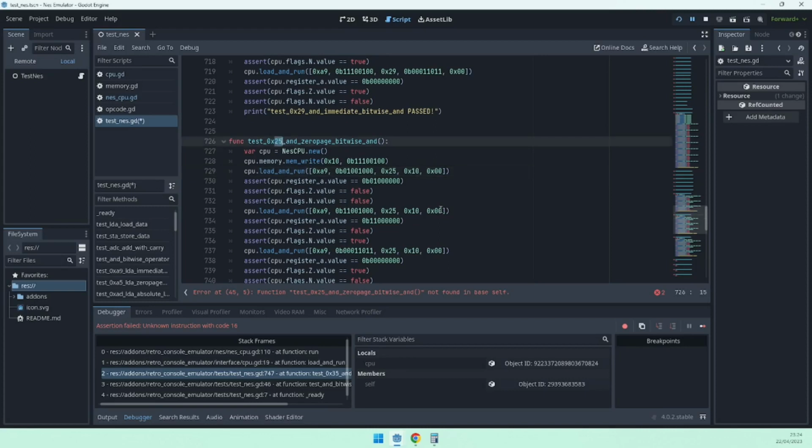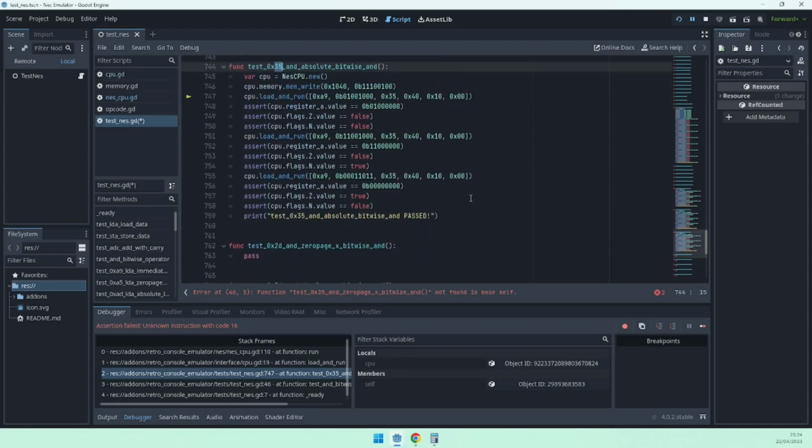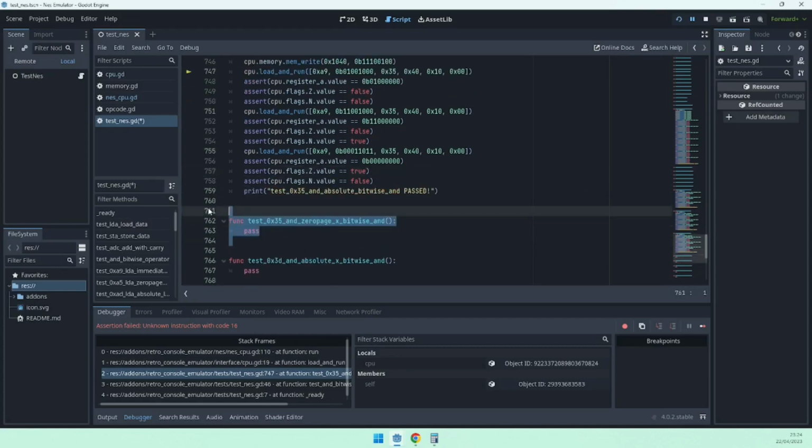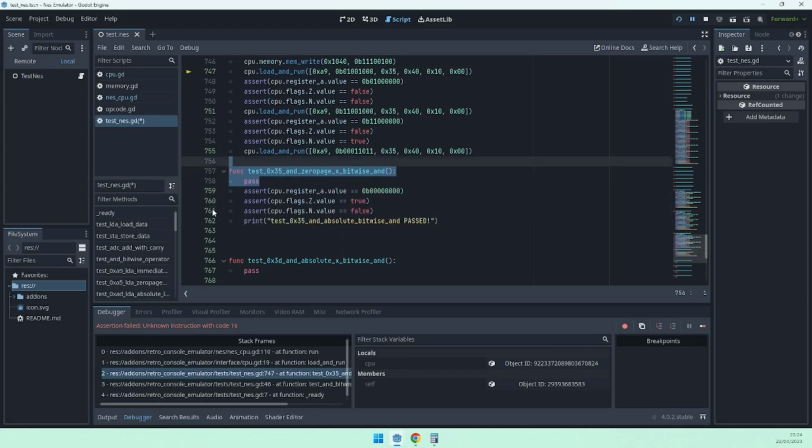No, wait. This is 2D and this is 35. Zero page X comes before.